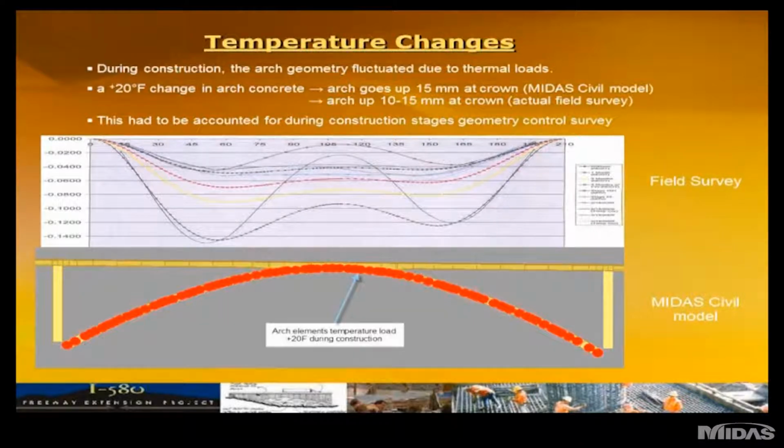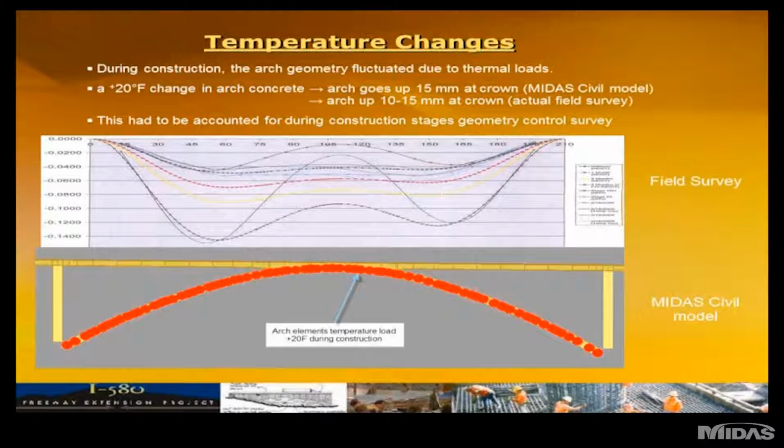The contractor had to account for that, and so what I did with the Midas Civil in the bottom slide is institute a set 20-degree Fahrenheit temperature load, and compared it with some actual data in the field. And as you can see up top, it modeled itself very well, only a few millimeters different at times. So again, that was a nice feature that you can use Midas Civil for, to confirm a unique stage of construction.